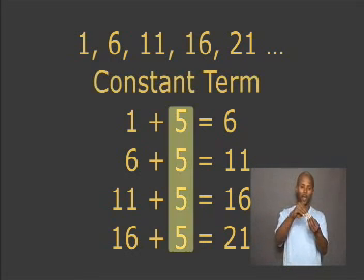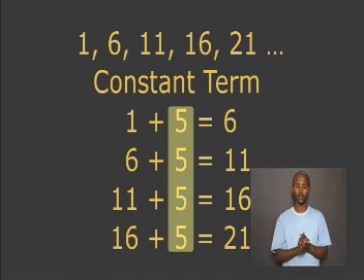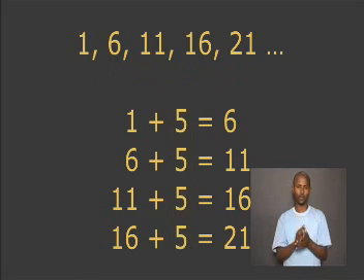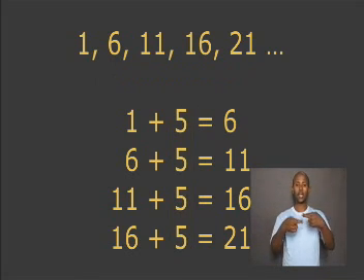the constant term. The constant term is the difference between consecutive terms. This relationship defines an arithmetic sequence.